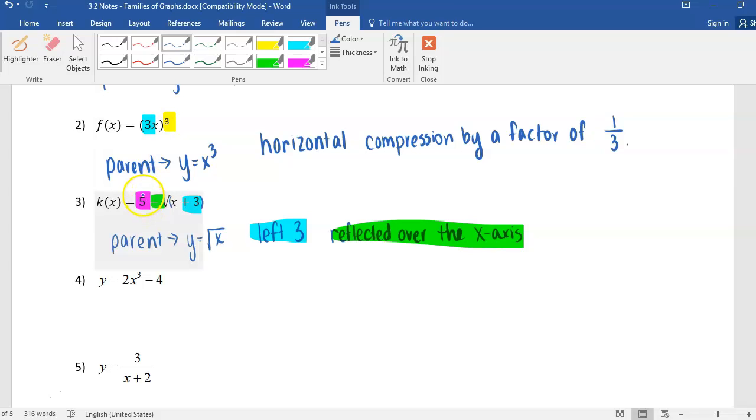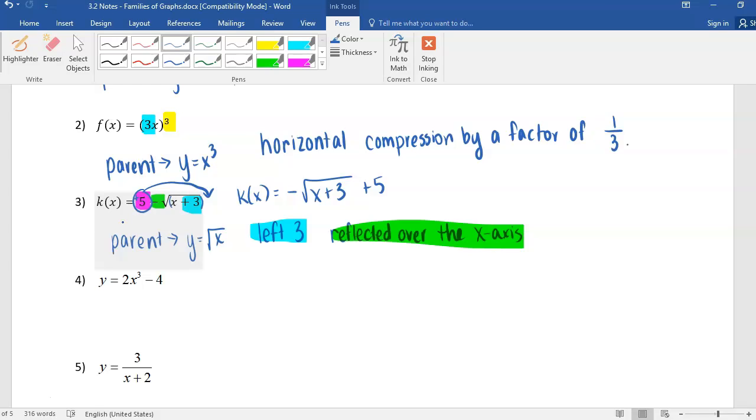It would probably be easier if it had been written like this: k of x equals negative square root of x plus 3 plus 5. That is equivalent to the equation that you have here. We could take that 5 and move it over to the end, and since it's positive 5, it would be a plus 5 on the end. I think that makes it a little easier to see what happens.